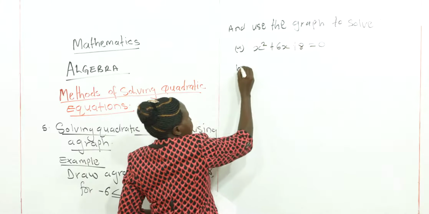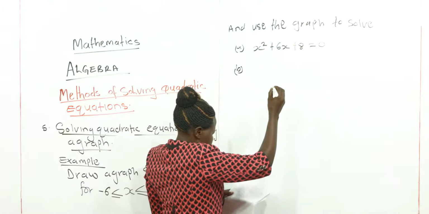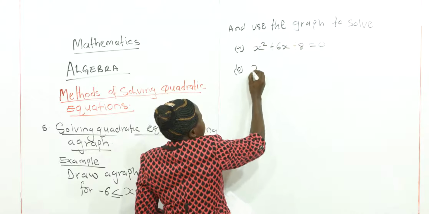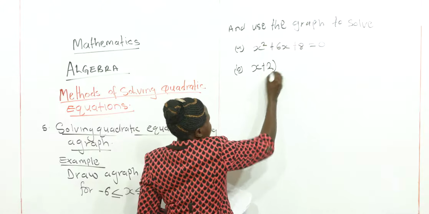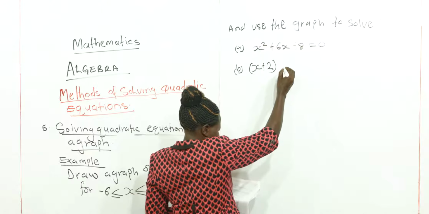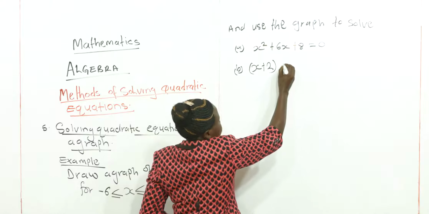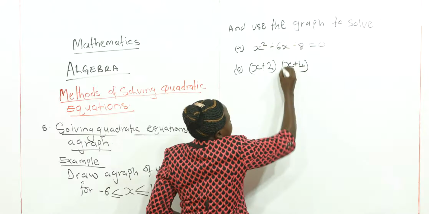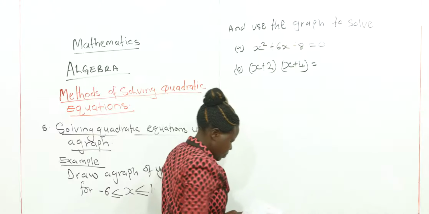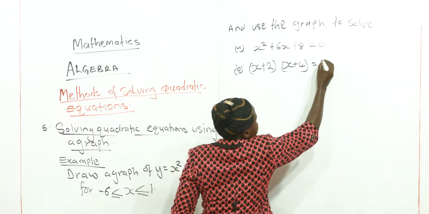And then b, it says x plus 2 times x plus 4 equals positive 3.